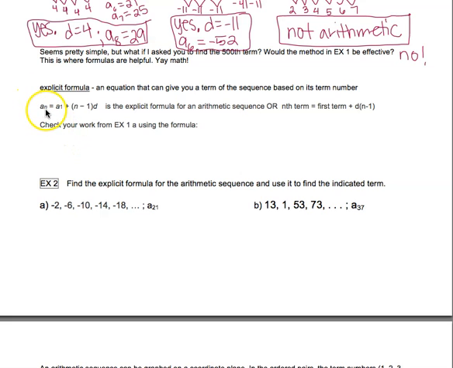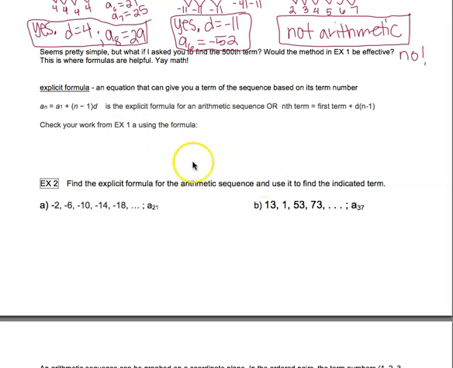So a sub n, that means any term of the sequence, is going to be equal to a sub 1, which is the first term, plus n minus 1 times d, where d is the common difference. So I wrote it out in words too here: nth term equals first term plus d times n minus 1.